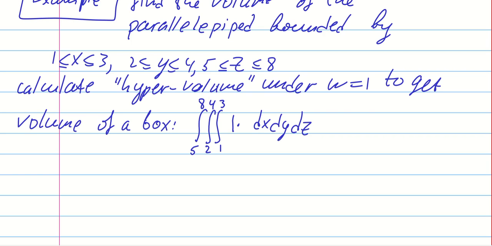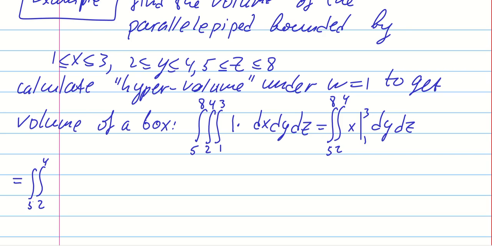All right, so let's start. We have two integrals left, 2 to 4 and 5 to 8. Integrating 1, we get x from 1 through 3, dy dz. If we move forward, we plug in 3 minus 1, so we get 2.